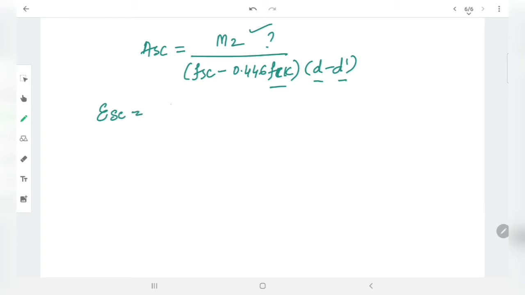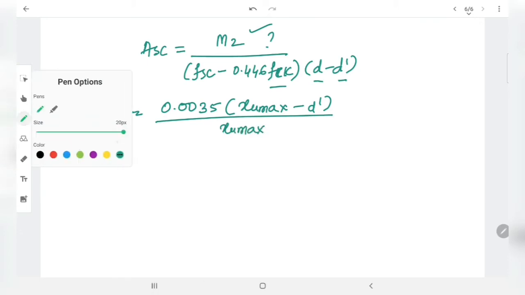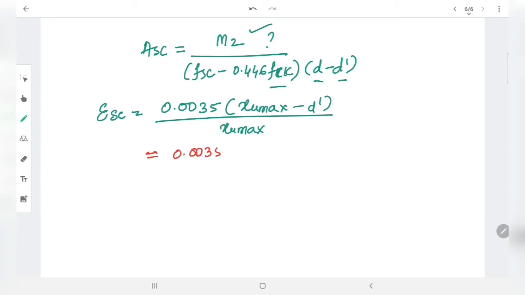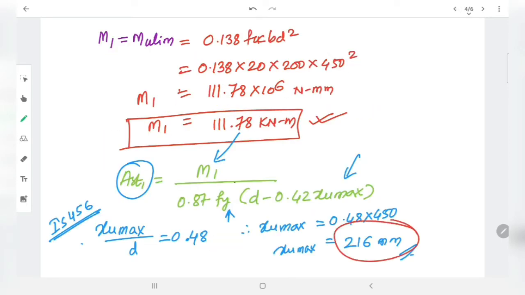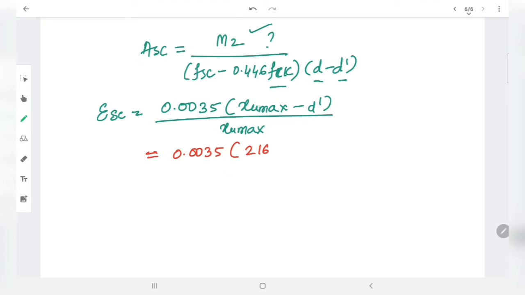It is equal to 0.0035 into bracket XU max minus D dash divided by XU max. So it is equal to 0.0035 into bracket, XU max value is 216. Already we have calculated it here.